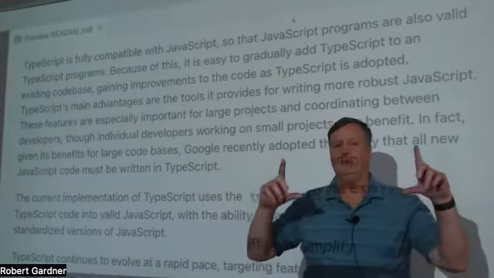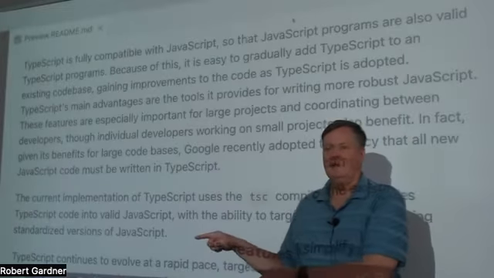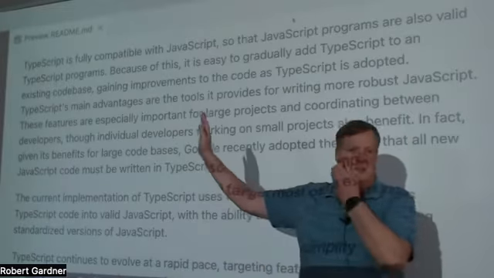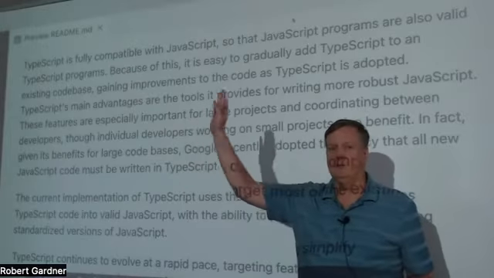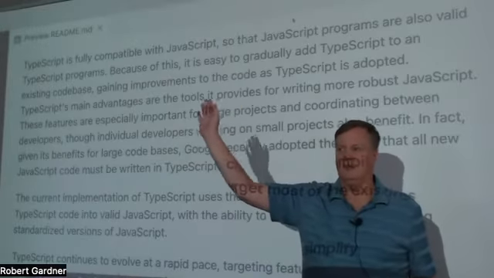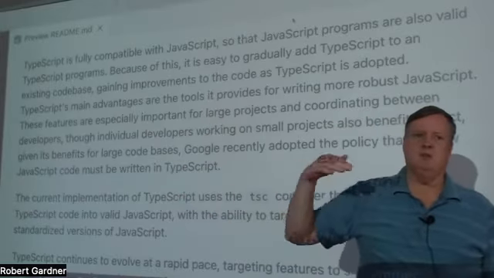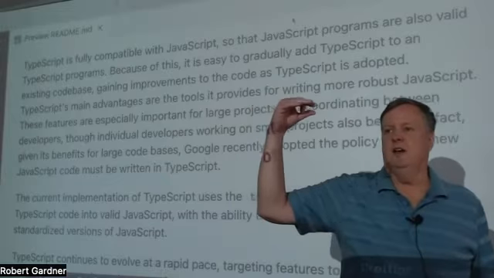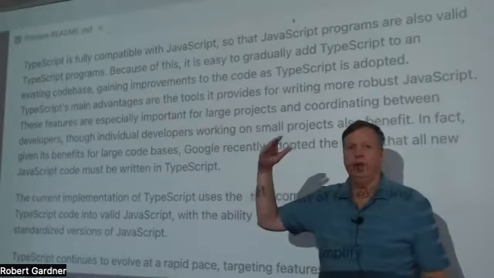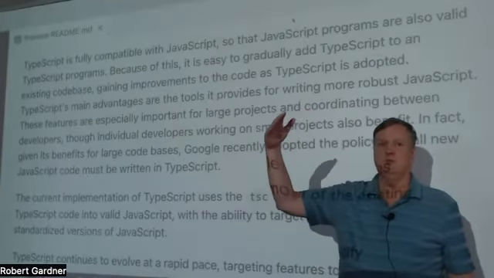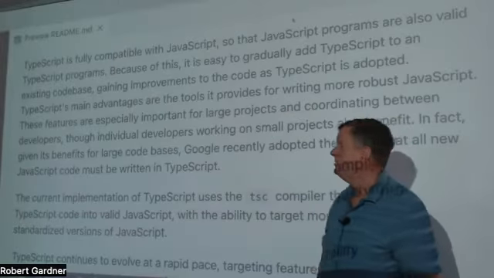So it takes TypeScript, translates it into JavaScript, and then any engine out there that can run JavaScript, which would be browsers and Node and so on, can then run the code that TypeScript produces. So TypeScript is a superset of JavaScript, and it transpiles or transforms the code from TypeScript into JavaScript.